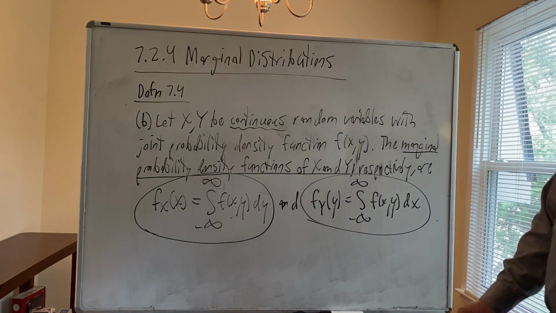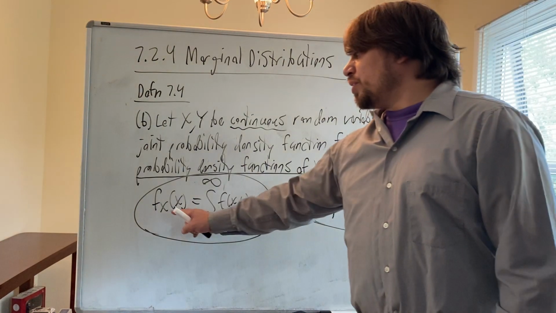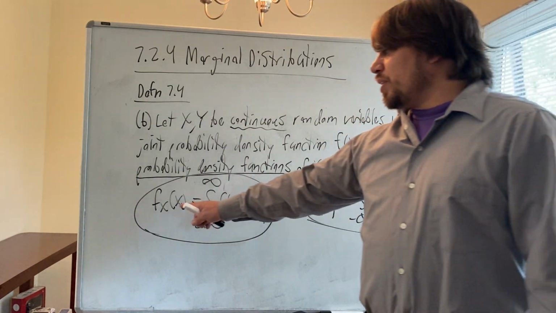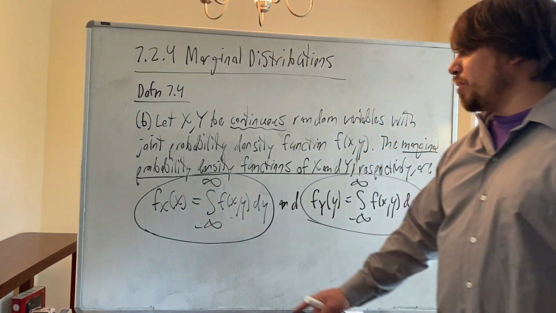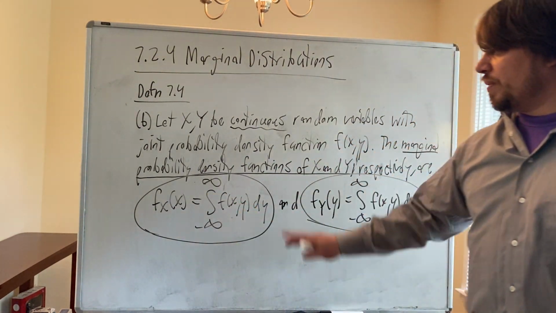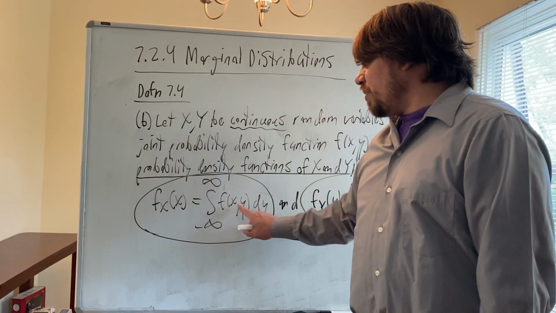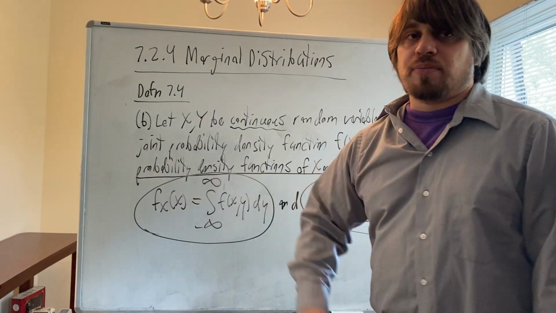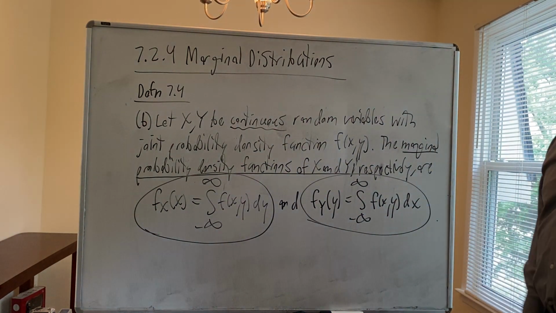But you're getting that probability with a joint probability density function. Before we talked about just a probability density function where you had one variable. And so how do we get that from a probability function involving two variables? These equations tell you how. So from a probability density function involving two variables, you can get the probability density function of one variable from these two equations.